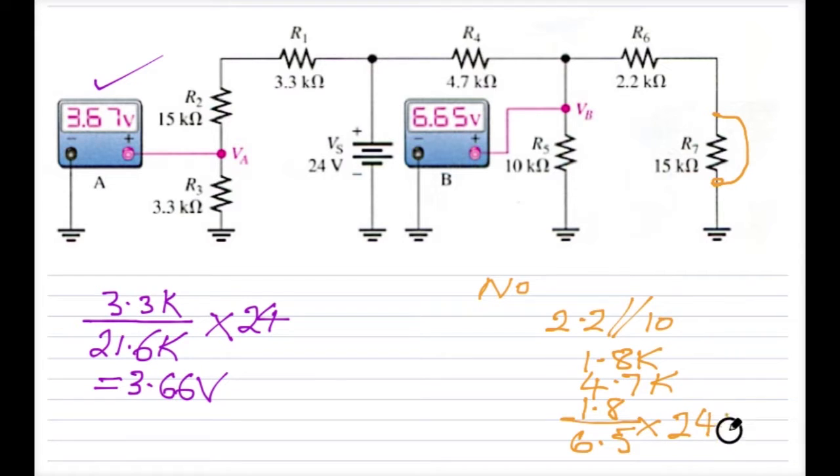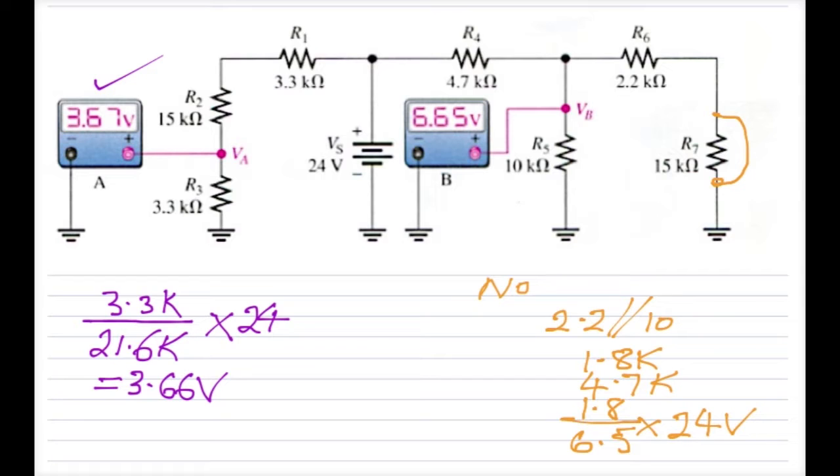24 volts again. 1.8 over 6.5, 1.8 divided by 6.5 times 24. Again, it's all in k ohms, so we don't have to go any further with that. We can just put whole values in.